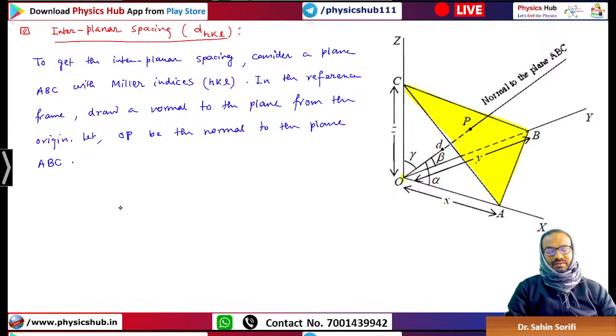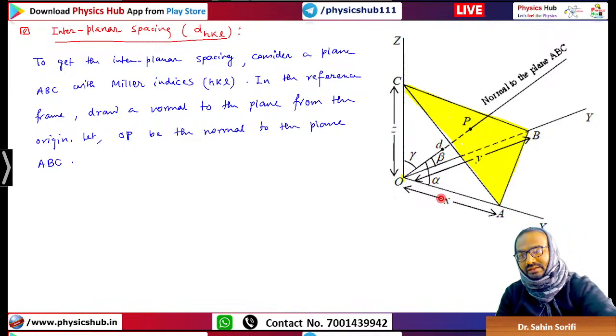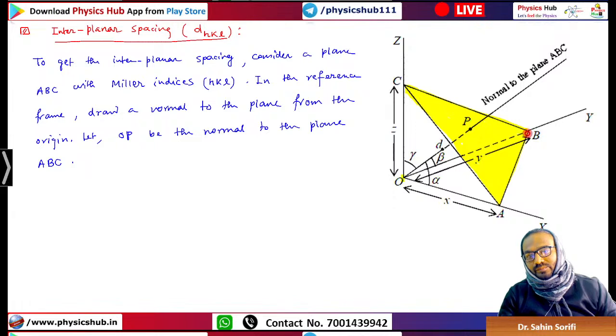Okay. Now you can see different angles. This plane is cutting the x-axis at point A, y-axis at point B, z-axis at point C. OA, OB we have, OC we have. Now this intercept on X, OA, it is making an angle alpha with the normal.